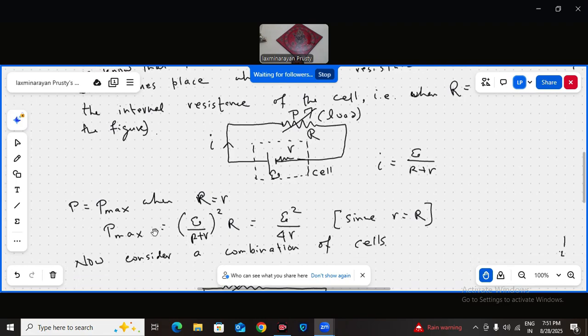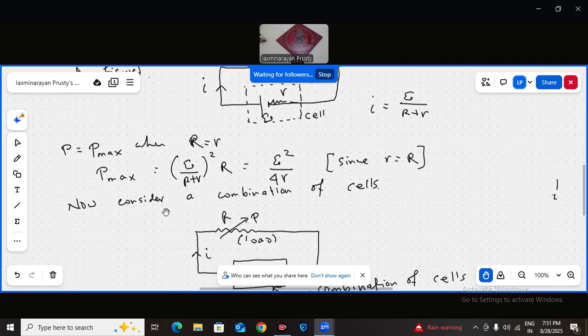And this power will be maximum when R is equal to small r. So P maximum will be I square into R when small r is equal to capital R. So if I write small r in place of capital R, I get E square by 4 small r.